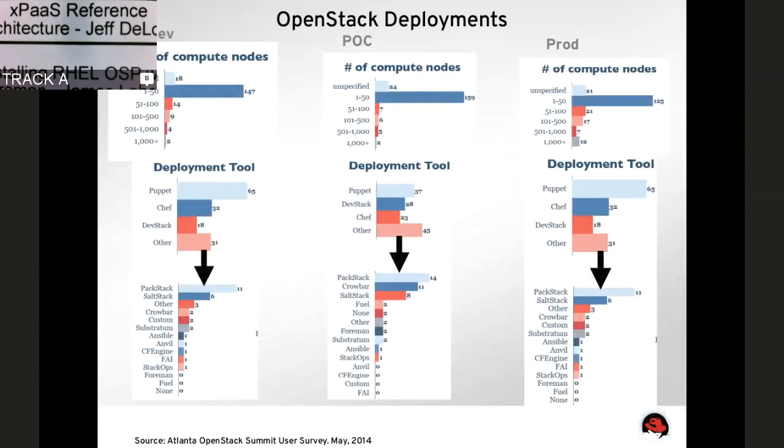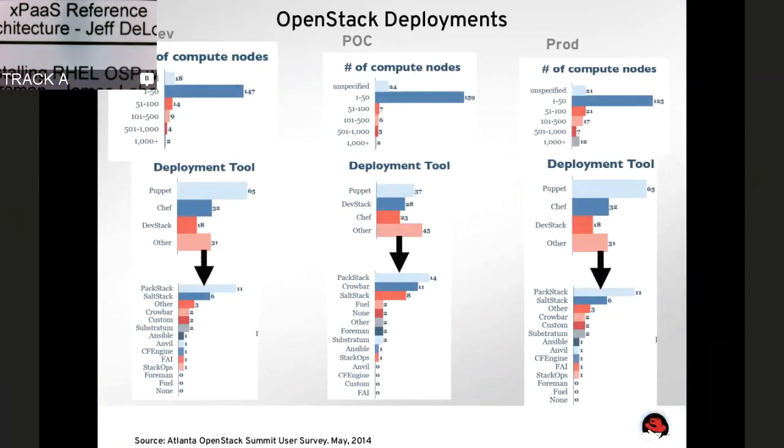So real quick, let's look at the latest numbers of OpenStack deployments that are out there today. I pulled the numbers from the latest OpenStack Summit, which took place in Atlanta in May. This is the number of compute nodes based on a survey, done by the OpenStack Foundation, and it was a pretty good mix of OpenStack users across all geographies.